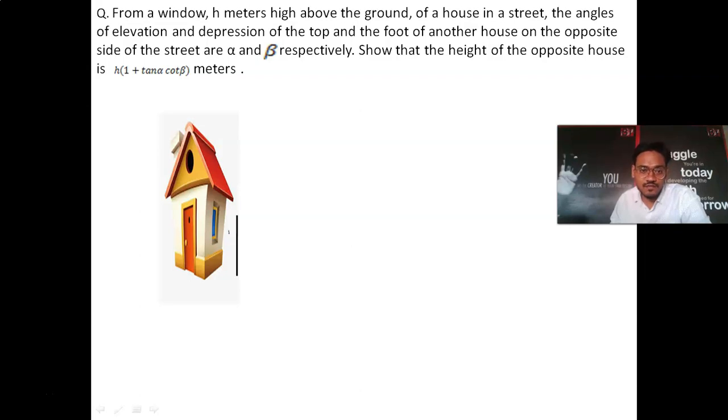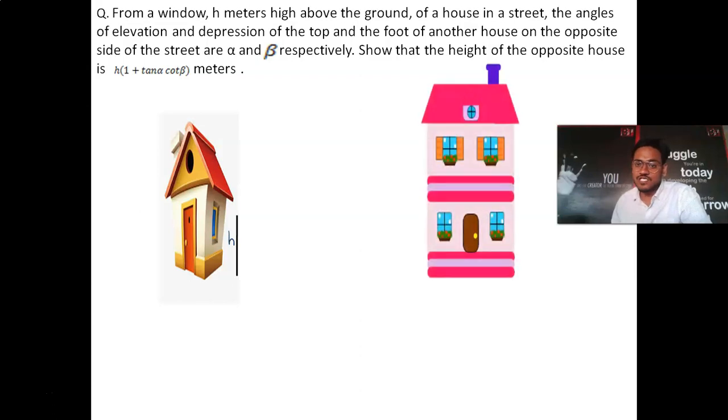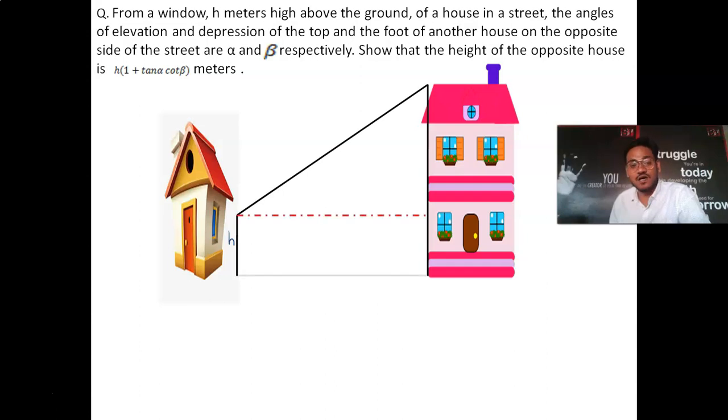Now this is the opposite house, and the height of the opposite house is denoted by this black line. The angle of elevation of the top of the opposite house is alpha, and the angle of depression of the foot of the opposite house is beta. So this angle is alpha and this angle is beta. Clear students?